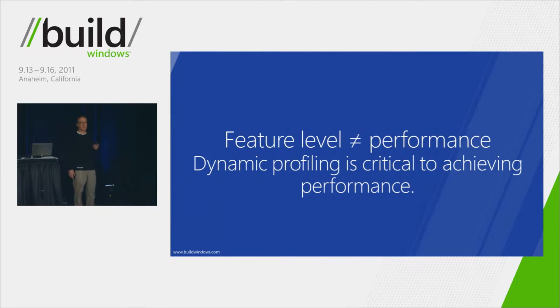You could have a lower performance, more fully featured graphics device that happens to be deployed. So you have to make sure that you're checking at runtime to see what the performance is. Don't assume that just because it's feature level 11 it's going to be something like the Asus over here, which has really high performance.